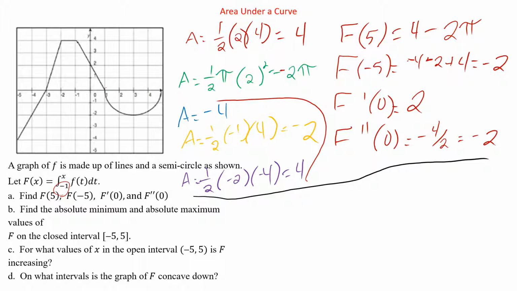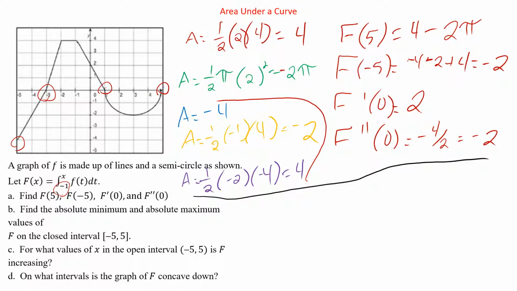They can happen when the derivative changes signs. So that would be there and there. Or it could happen at the endpoints of the interval, since it's a closed interval. There. So we just have to figure out what f is at those values and then pick which one's the biggest, which one's the smallest.